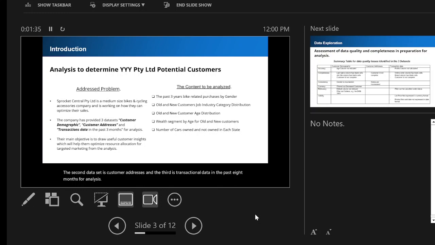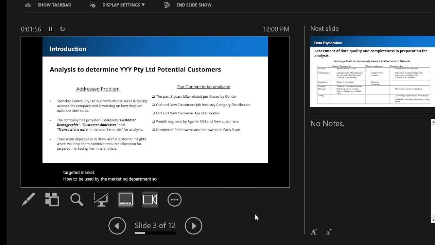The main objective is to draw useful customer insights which will help them optimize resource allocation for targeted marketing. So the purpose of all this analysis is for targeted marketing, to be used by the marketing department.